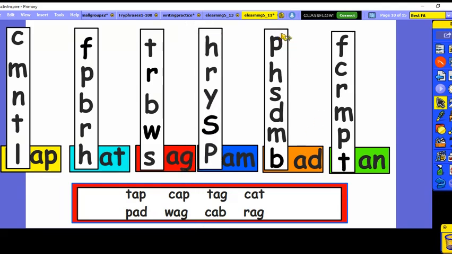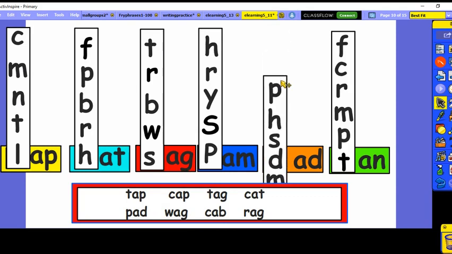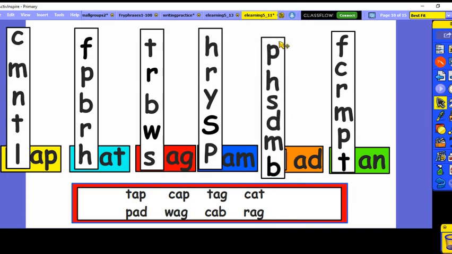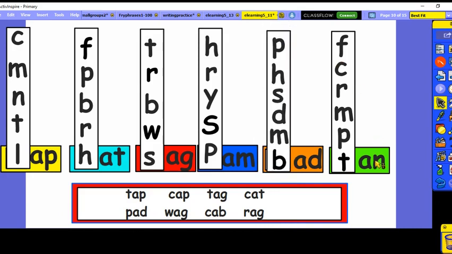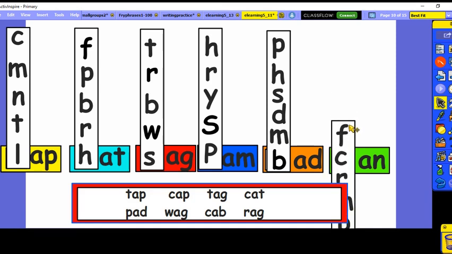Add, bad, mad, dad, sad, had, pad. An, tan, pan, man, ran, can, fan.